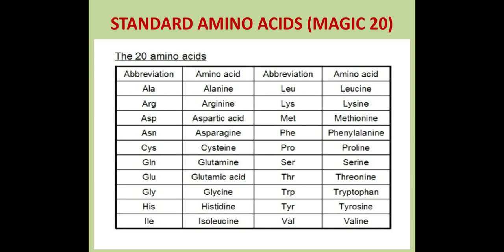These 20 amino acids are alanine, arginine, aspartic acid, asparagine, cysteine, glutamine, glutamic acid, glycine, histidine, isoleucine, leucine, lysine, methionine, phenylalanine, proline, serine, threonine, tryptophan, tyrosine and valine.